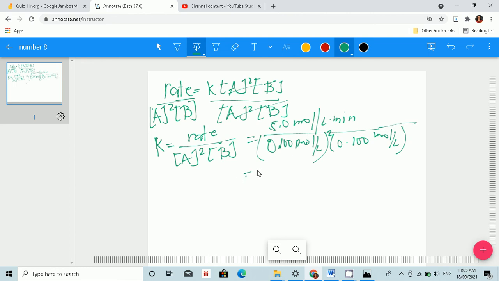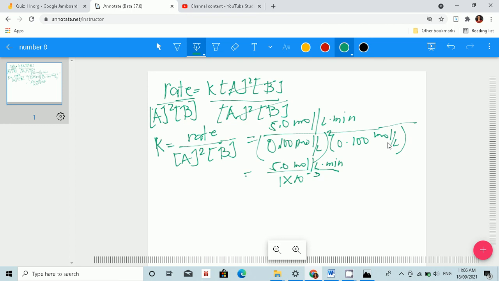So we have K, that is 5.0 mole per liter minute over 0.100 squared, that is 0.01, times 0.100, that is 1 times 10 to the negative 3. The unit is mole squared per liter squared, because when we square, we also square the unit. So we have mole squared per liter squared times mole per liter.